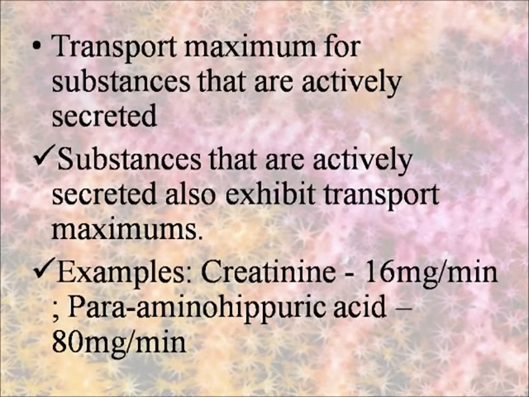Transport maximum for substances that are actively secreted. Substances that are actively secreted also exhibit transport maximums. For example, creatinine, 16 mg per minute, and para-aminohippuric acid, 80 mg per minute.